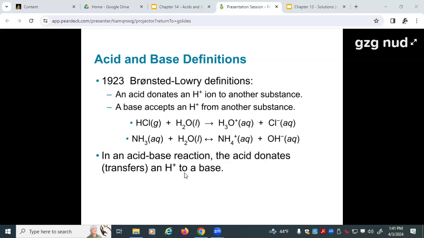Now, the beauty of this model is in its simplicity. All I need to do is track the movement of the hydrogen ion. The thing that loses the hydrogen ion, that's my acid. The thing that accepts that hydrogen ion, that's my base. So if I can learn to look for how the hydrogen ion is moving, I can begin to understand where my acid is and where my base is.